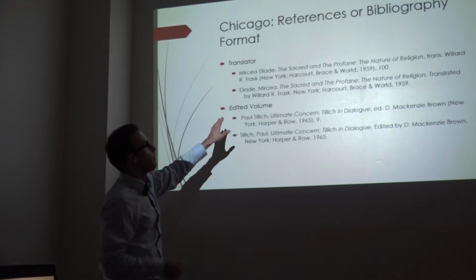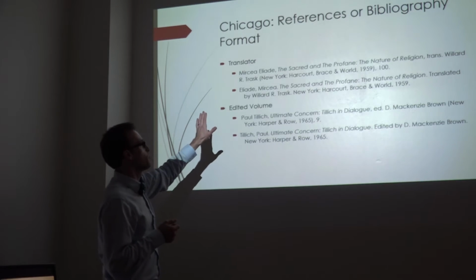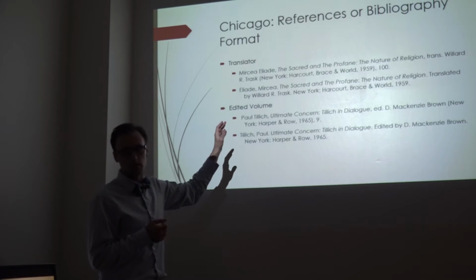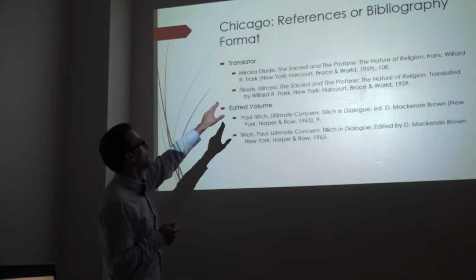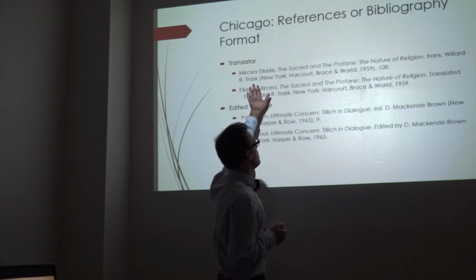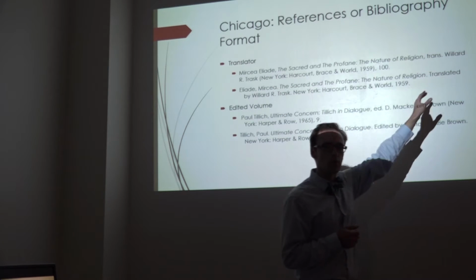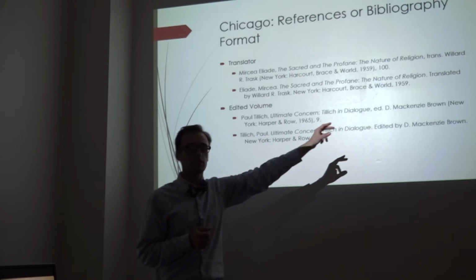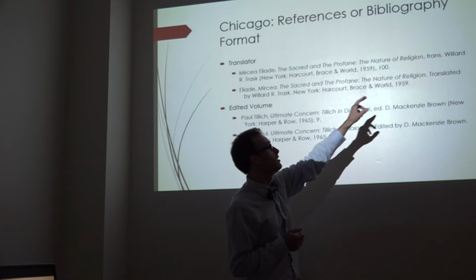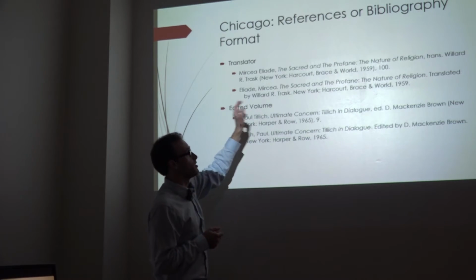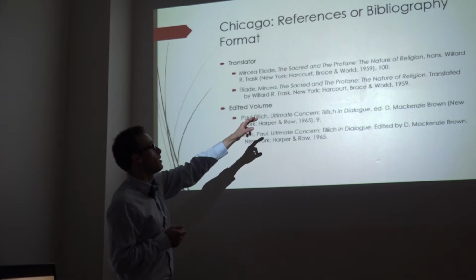Translator, again, these are pretty much the same rules. So editor, translator pretty much follow the same rules. So I have my author, the title of the work, comma, I abbreviate the word translator, so trans., period, the name of my translator and the publication and the publisher info.